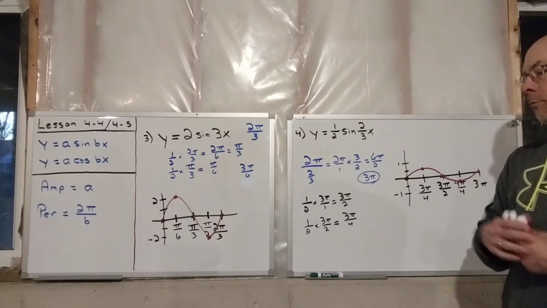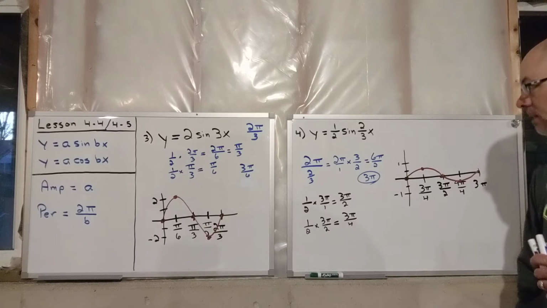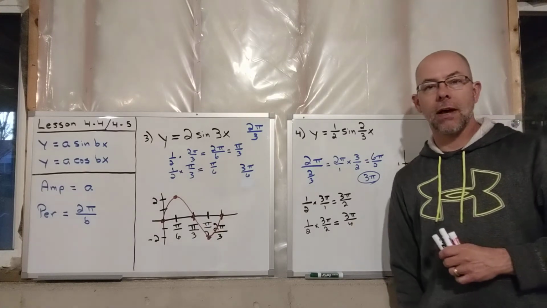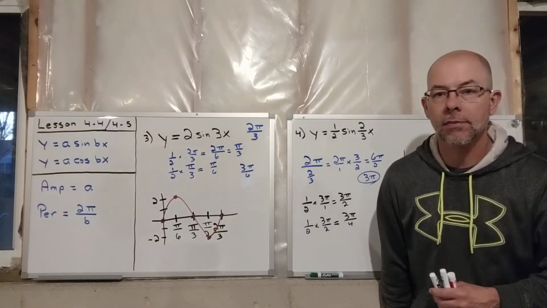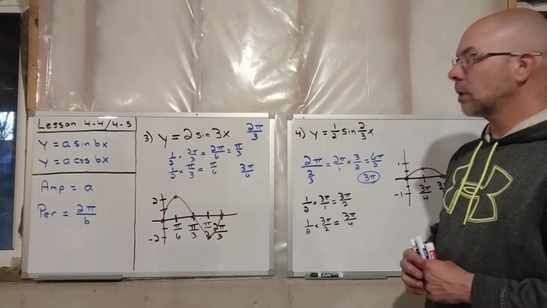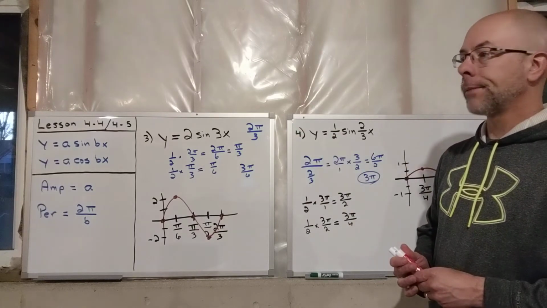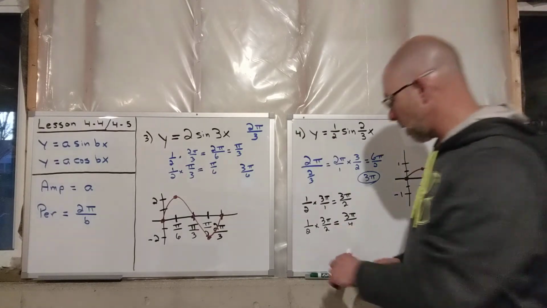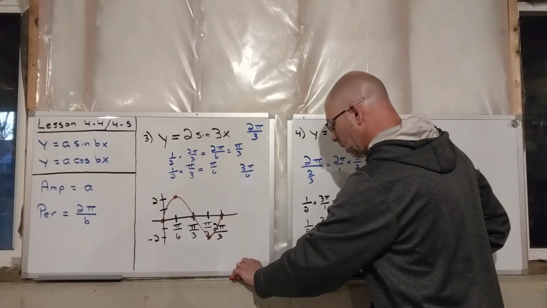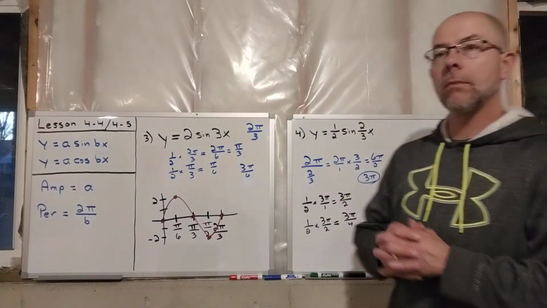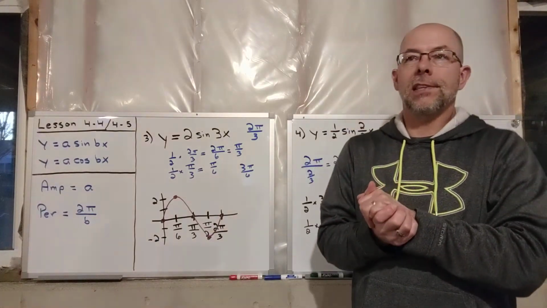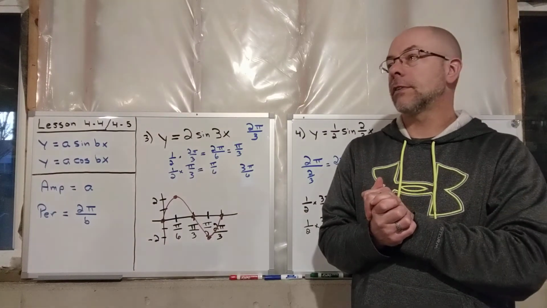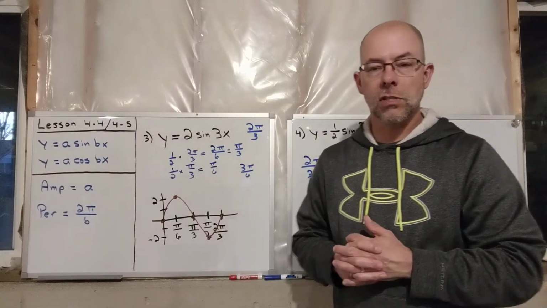I'm trying to think if there's anything else fancy about that, but that's kind of the gist of how you draw those sine graphs, working with the A's and the B's. I'm going to pause a minute, erase this, and maybe we'll just look at at least one more to get the idea of a different period calculation.